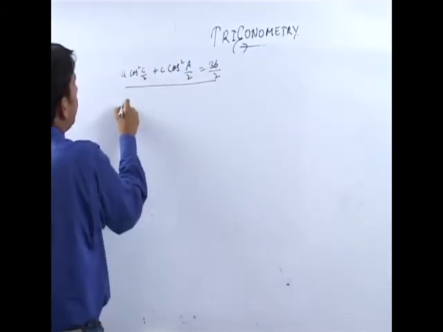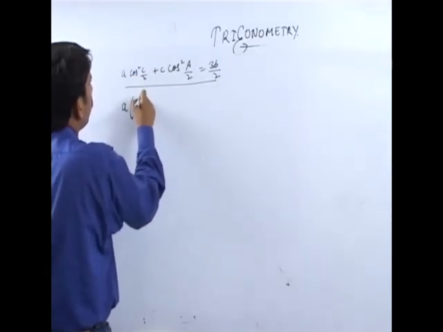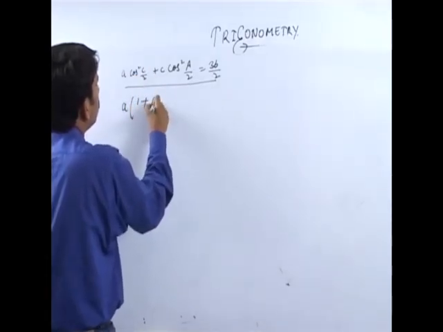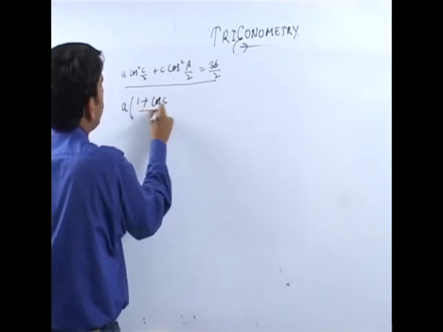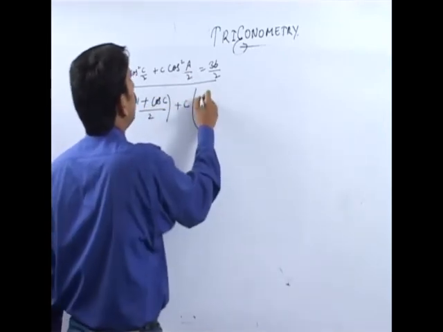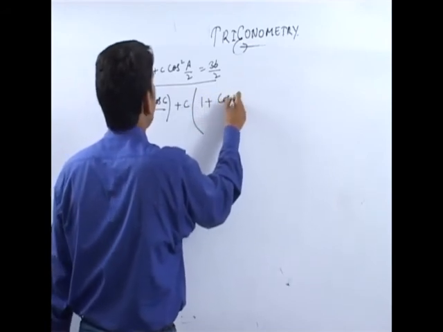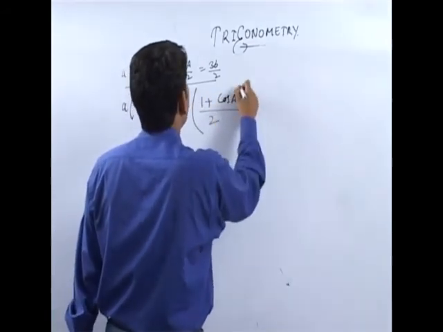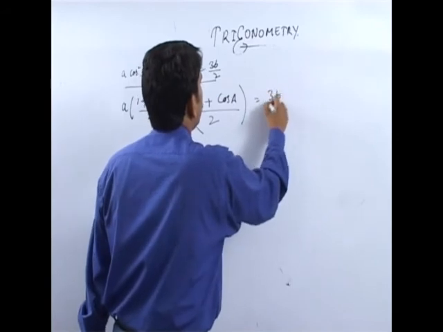Now we know that a cos square C by 2 is what? This is a times (1 plus cos C) by 2, and plus small c times (1 plus cos A) by 2 is equal to 3b by 2.